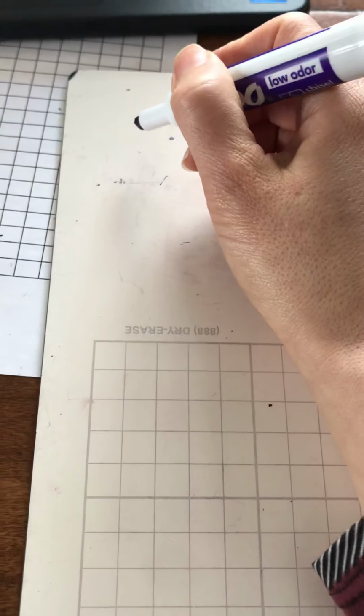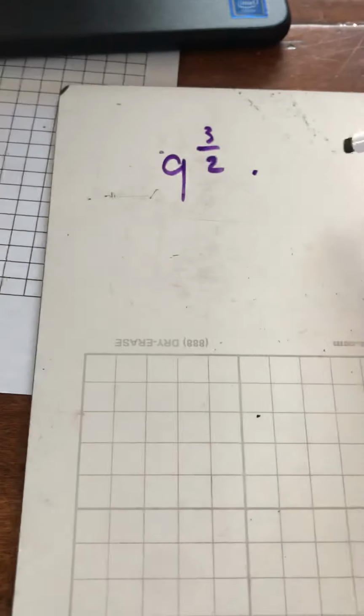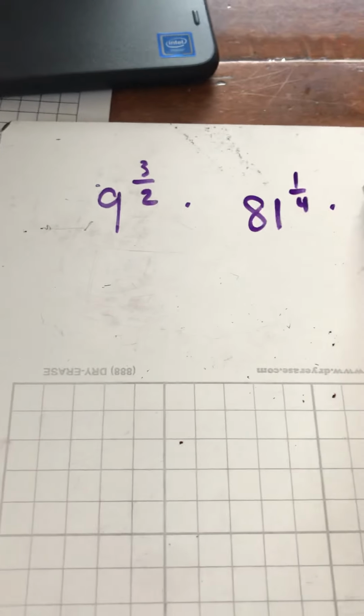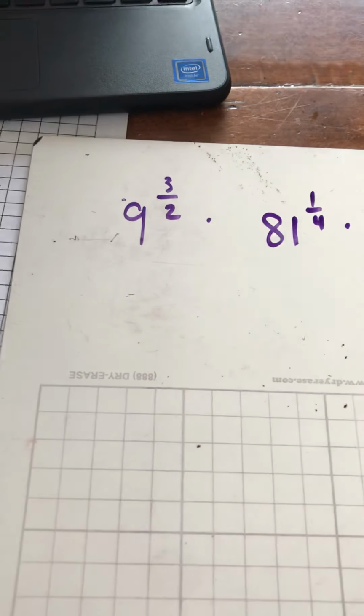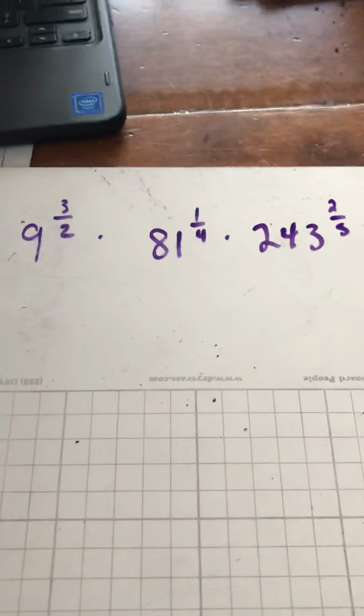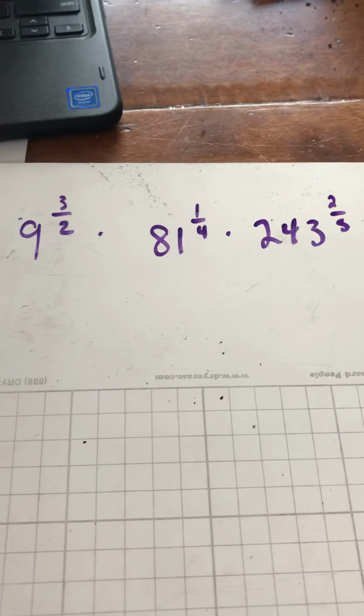Another one was the one I gave you the formula for, finding the area of, I think, a rectangular pyramid maybe. I gave one measurement was this, another measurement was 81 to the 1/4, another measurement was 243 to the 2/5. So the formula is to multiply all those together and then divide by 3.